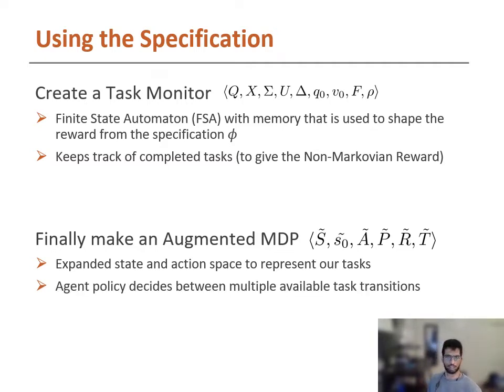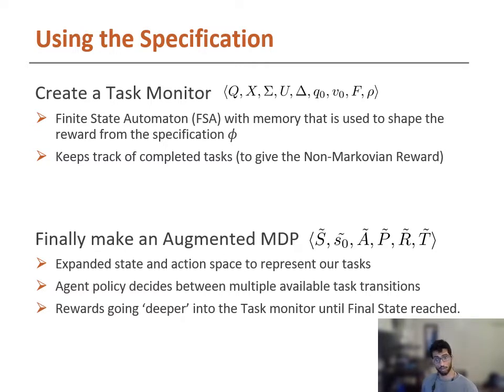Now, this is given to the agent policy to decide, and the reward is shaped in a way that it automatically incentivizes going deeper into this task monitor until a final state is reached, which means the specification is satisfied.